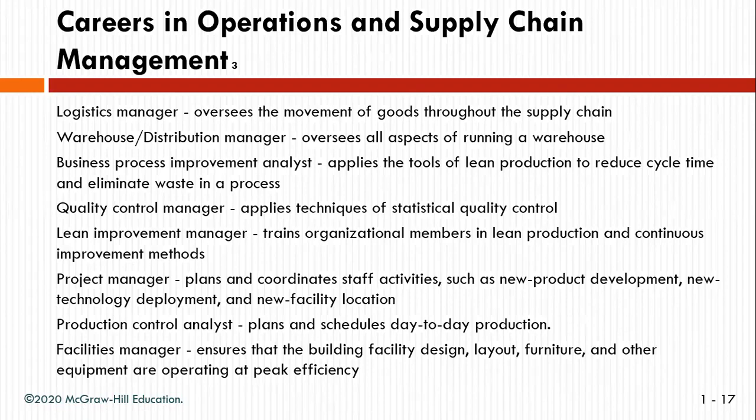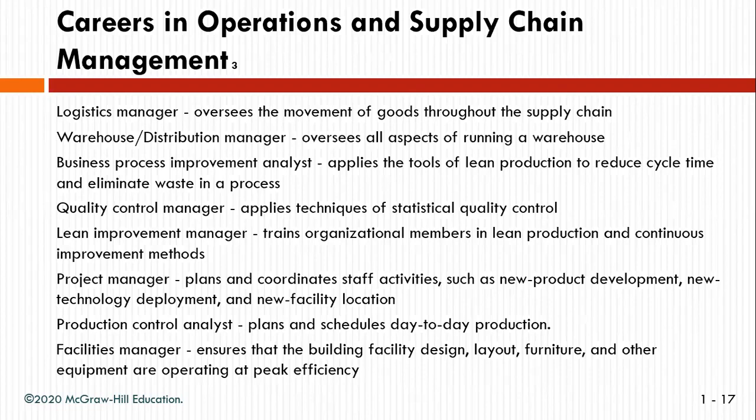OSCM. The others are a logistics manager, who oversees the movement of goods through the supply chain. A warehousing or distribution manager oversees all aspects of running a warehouse. A business process improvement analyst applies lean tools to reduce cycle time and eliminate waste in a process.